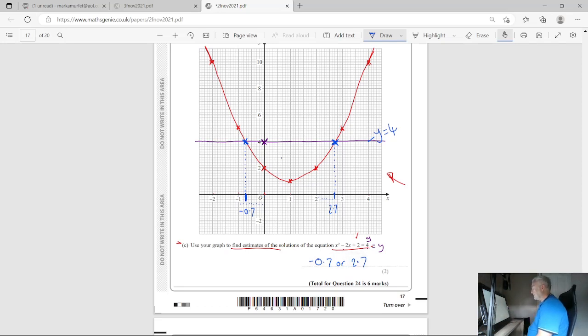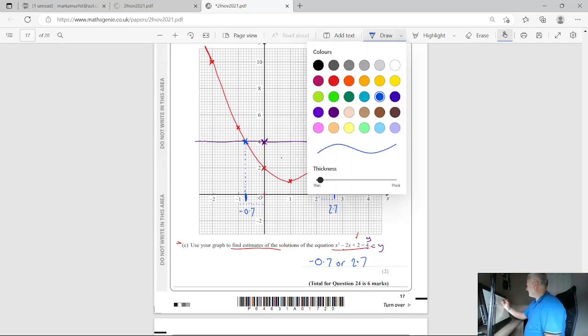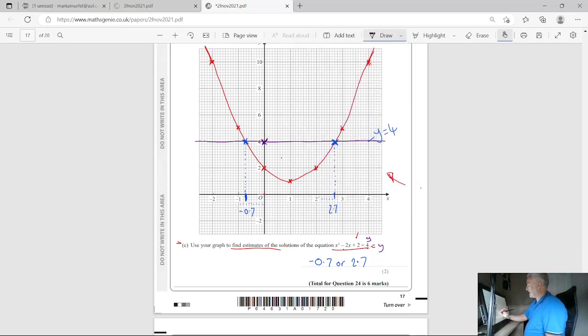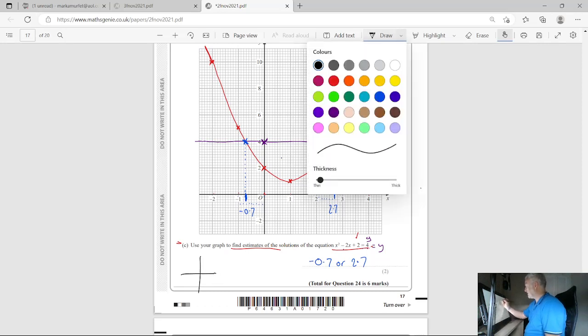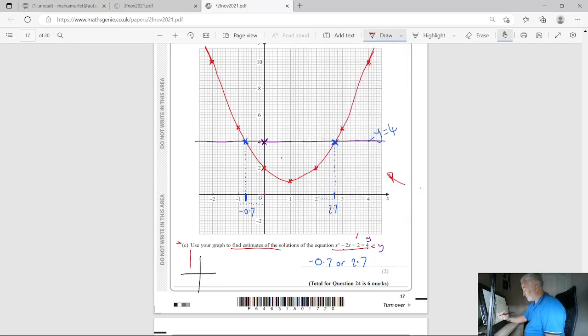And they're my solutions. So the solutions are where the line will cross the axis given. Now I will say at this point, it was quite a crafty question. On the XY grid, usually a quadratic, which this one is, will cross the x-axis like that, curve and go back up again.